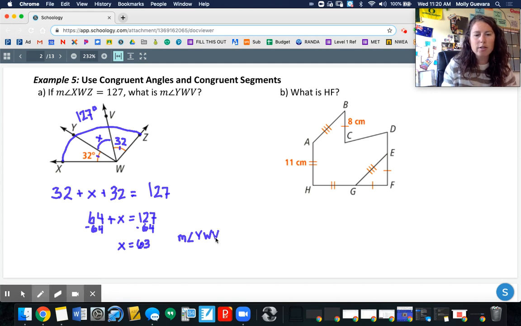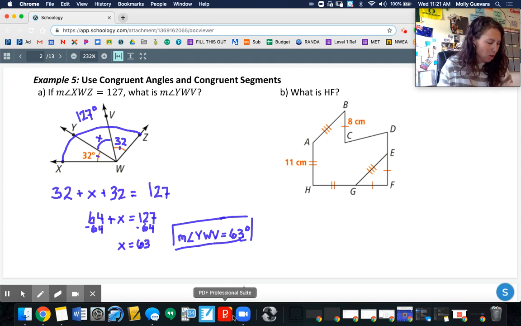So just make sure that when you're writing your answer, it is answering the question. It wanted to know what is the angle measure of YWV, and so YWV is 63. And then we're done. Let's get into the habit of always boxing our final answers.